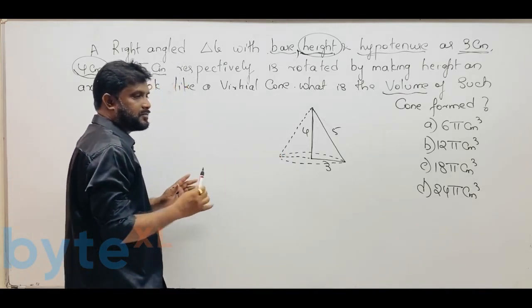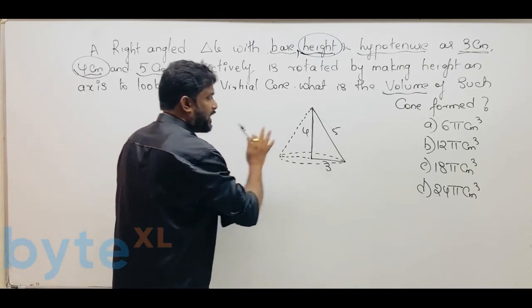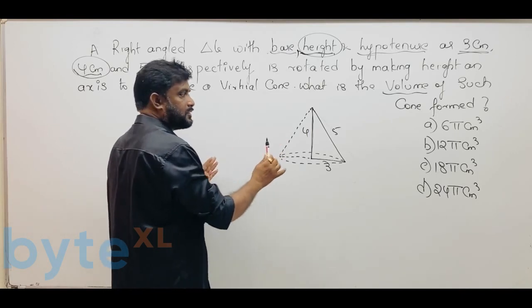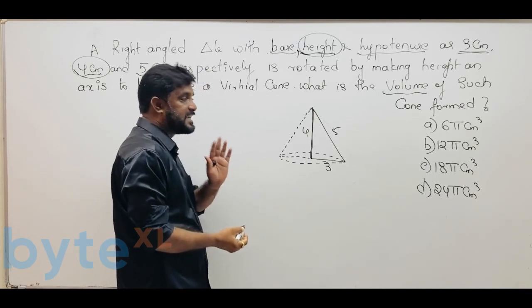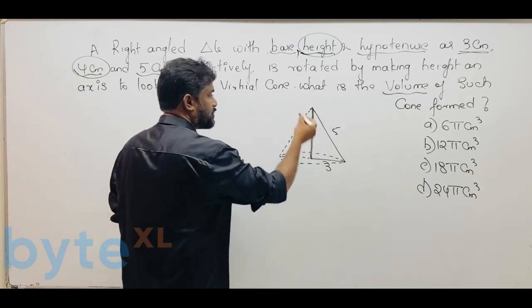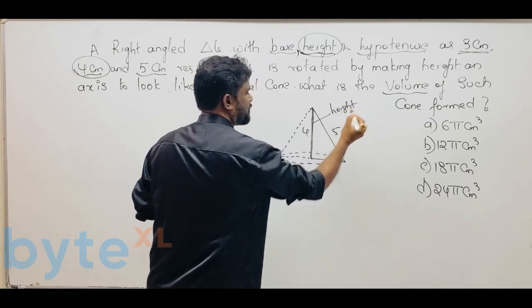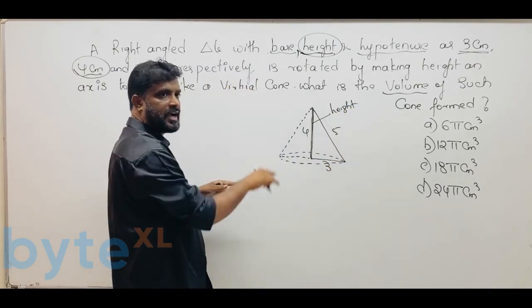My dear friends, there are some basic inputs that you need to know. When the triangle looks like a virtual cone, this 4 takes the role of a height, right? It is already a height in the triangle, and now also it is the height of the cone.